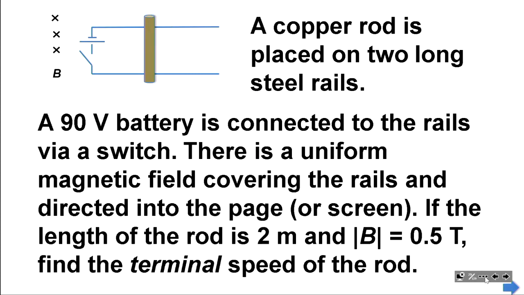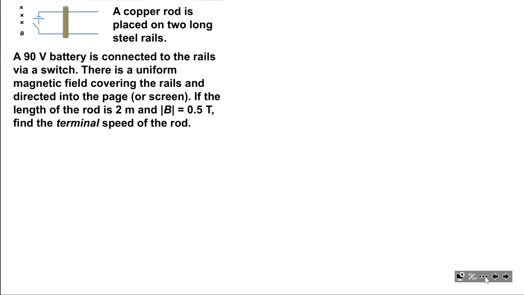Now I should read a copper rod. Why is it important? If it had been a wood rod, there wouldn't be electric current. But copper is a conductor. So first I want to draw a bigger picture. We always need to keep in mind the bigger picture.